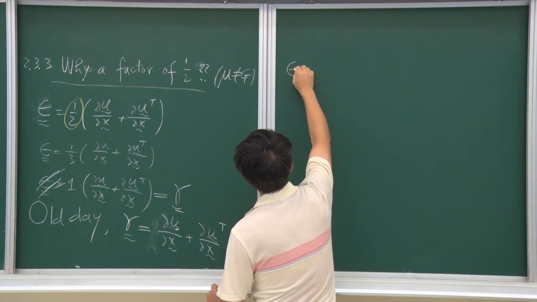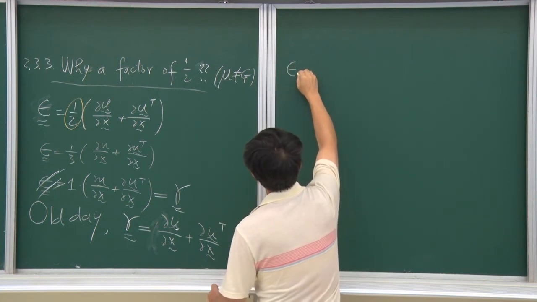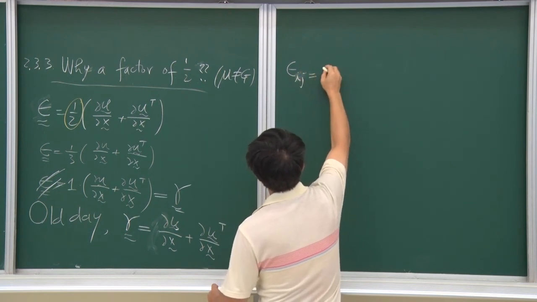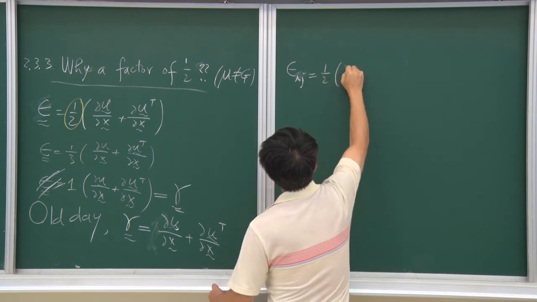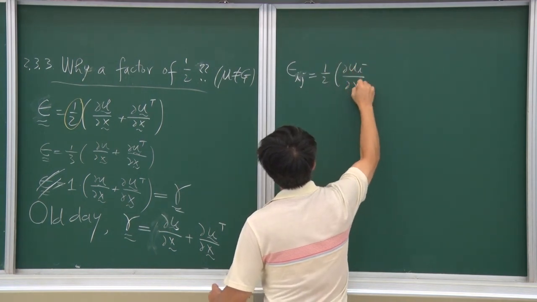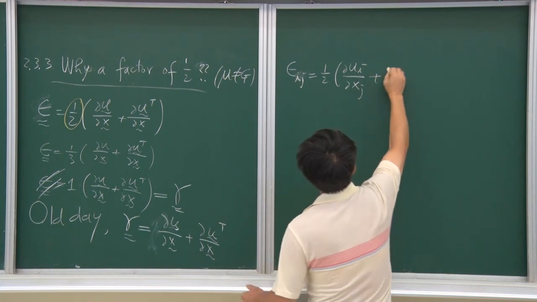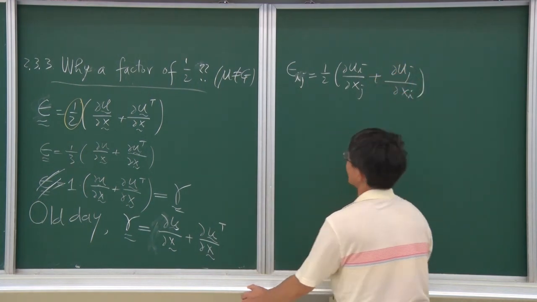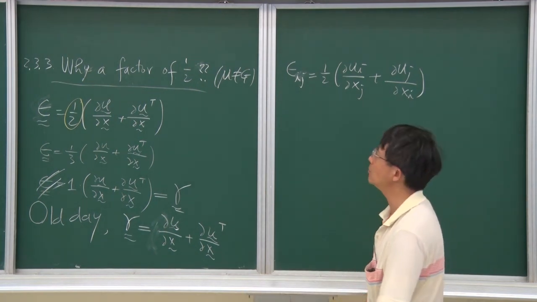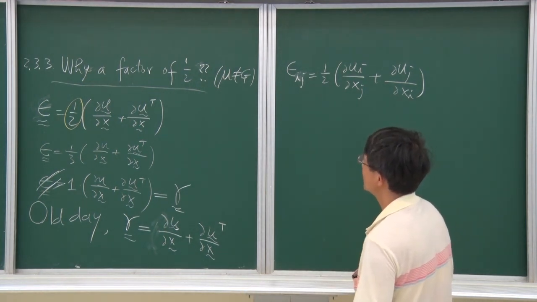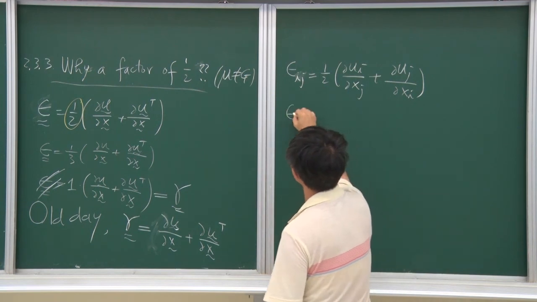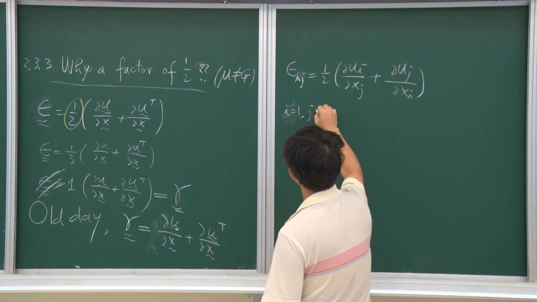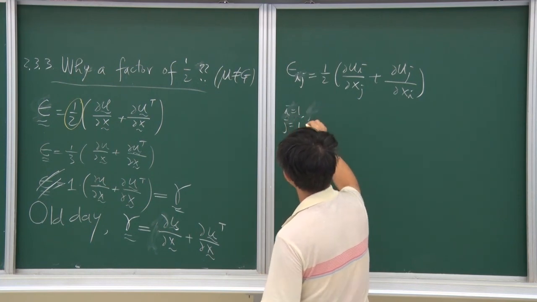What is the merit? Okay, this is the indicial form of the classical strain, and absolute i equal 1, j equal 1.